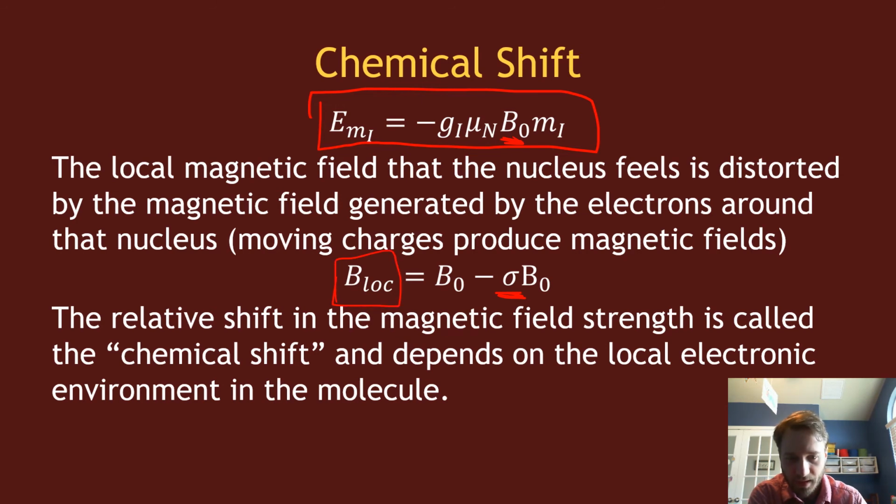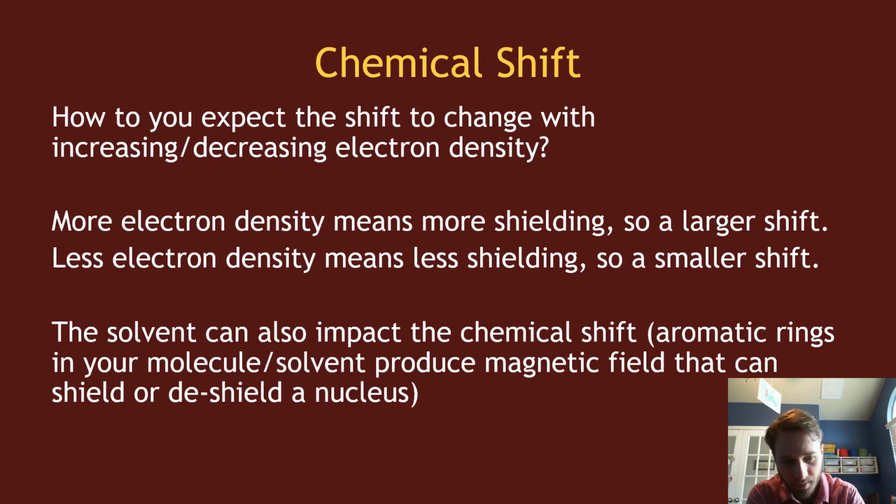This chemical shift, sigma, depends on your electronic state, on that electronic wave function and things of that nature. So how large the shift is very much depends on the state and environment of the electrons, which can tell us some information about your system.